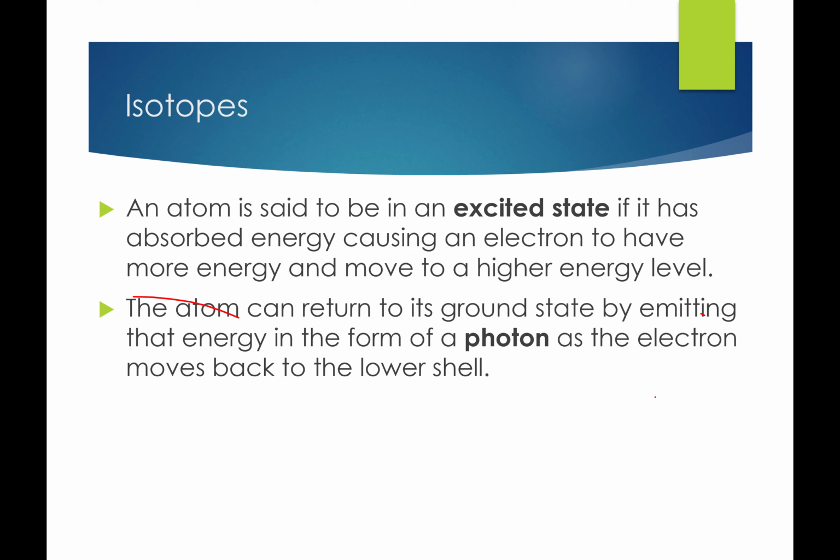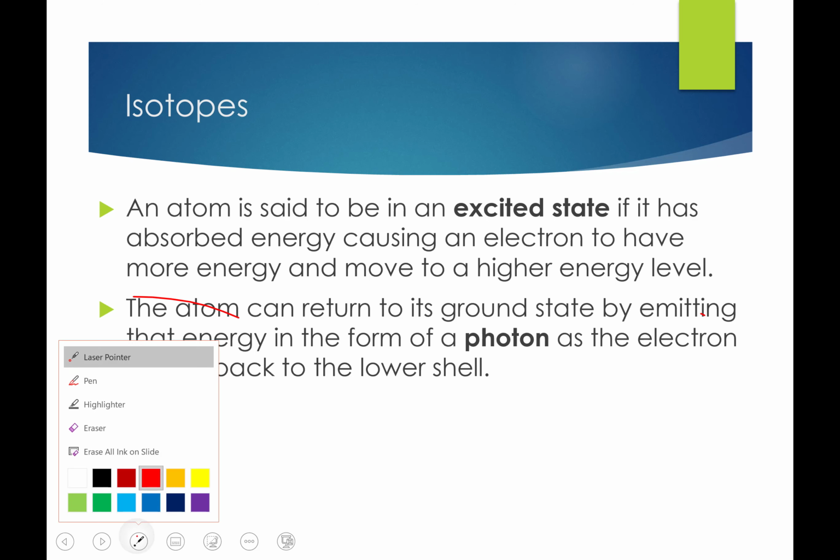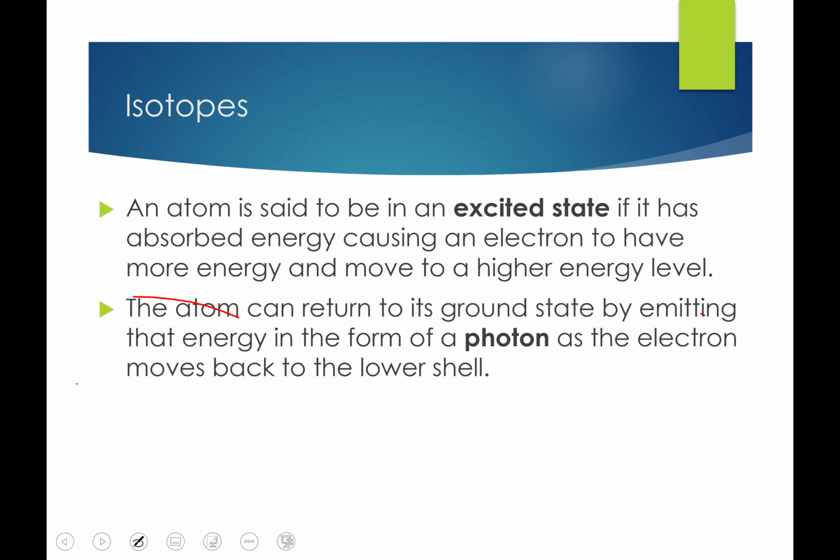So what that means is if we have an atom with an electron, let's say we're going to keep it simple. We're looking at our first shell. Okay? In an excited state, what you'll have is one of those electrons will jump out to the next shell out. All right?